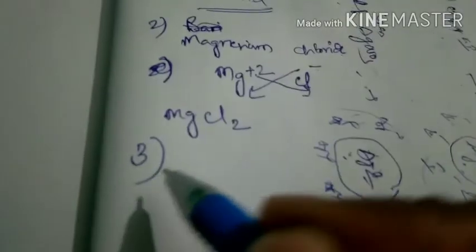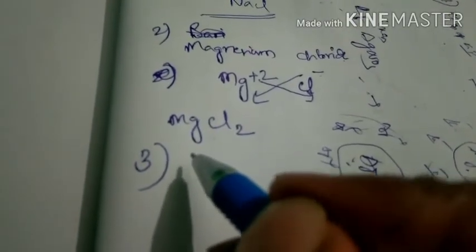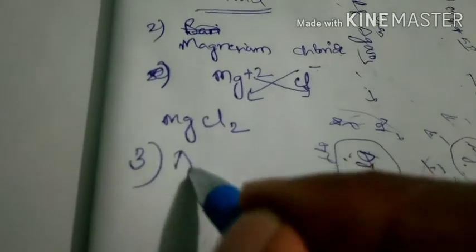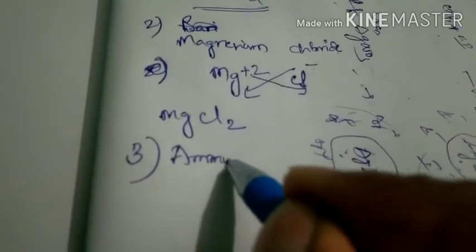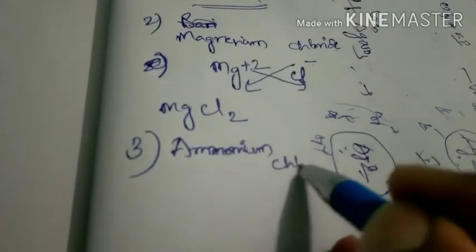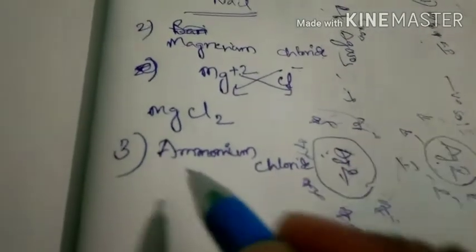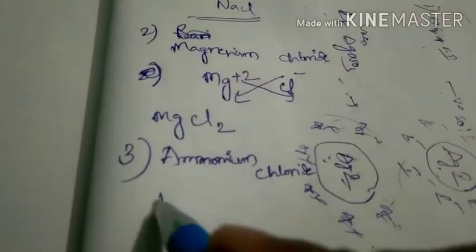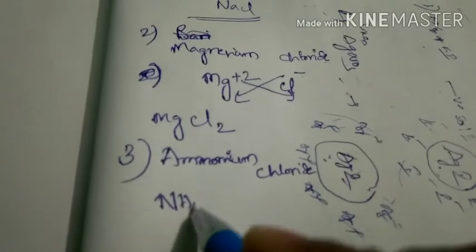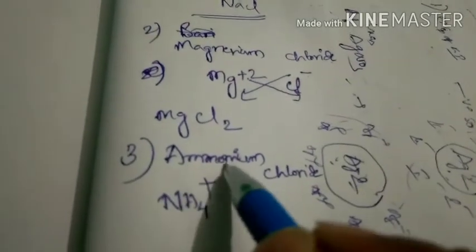I will show one more example. If I say the example, then you will get a clear idea about all these things. Ammonium chloride. I have to write the formula for ammonium chloride. Ammonium is NH4 plus. This is the symbol for ammonium.